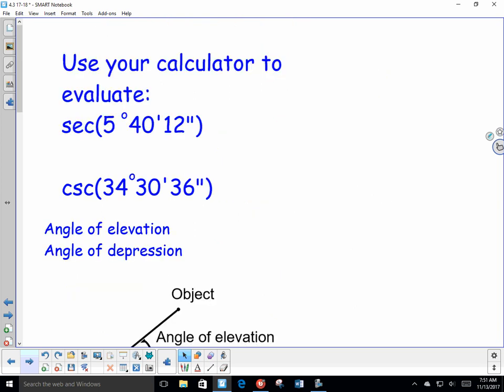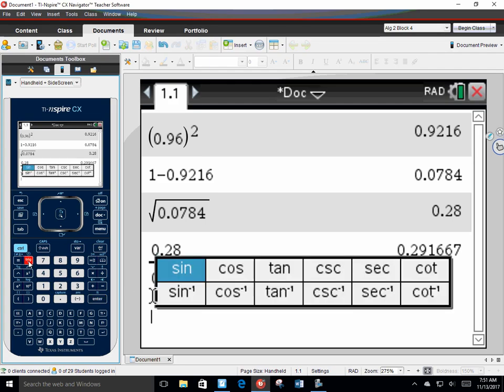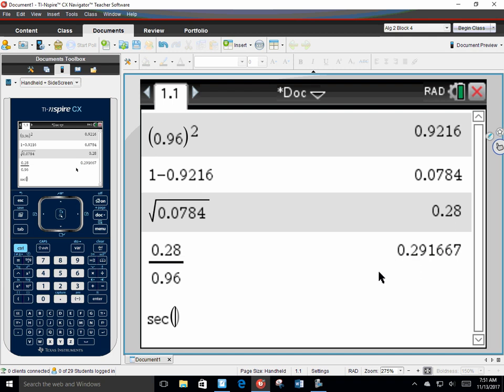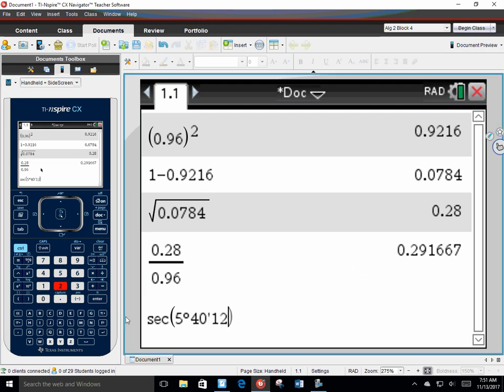All right, let's take a look at this. Use your calculator to evaluate the secant of 5 degrees, 40 minutes, 12 seconds. Let's make sure we can do this on our calculator. So 5, 40, and 12. So if I go here and I want secant, I'm going to push the trig button, and I'm going to go to secant, and I want 5 degrees, 40 minutes, and 12 seconds.